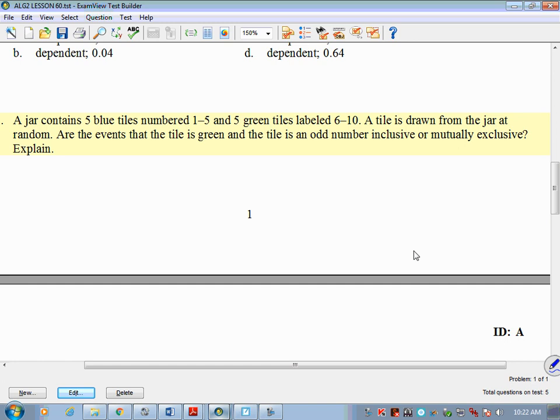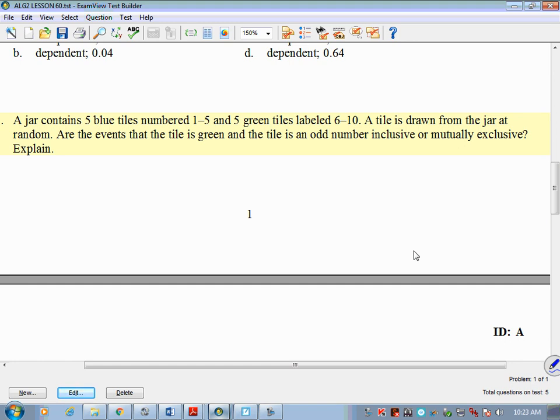And we want to draw a tile. What are the events that the tile is green and odd? Well, that would be mutually exclusive, right? Because all of my green tiles are what? Even. Which means I can't get a green and an odd. Do you see the point?